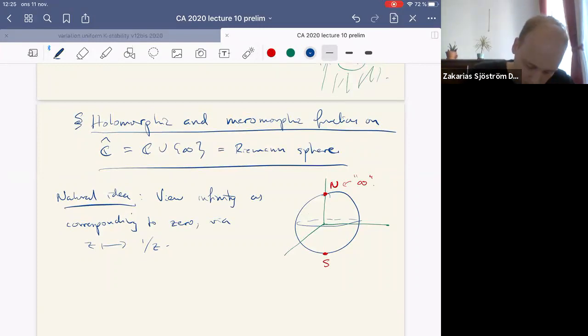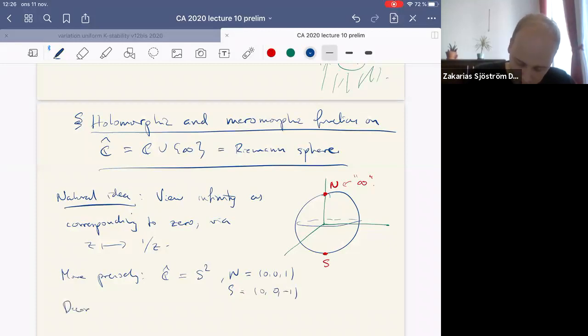So more precisely. C hat, you remember it was this unit sphere. N was the point 0, 0, 1. S is the South Pole, so it's 0, 0, minus 1. So the reason I didn't draw the picture yet was I needed to tell you that we decompose C hat into two pieces.